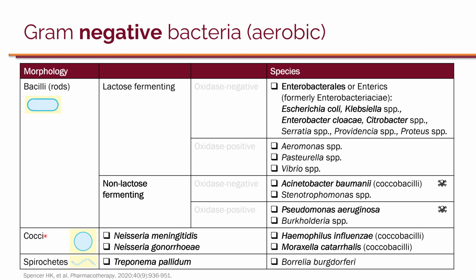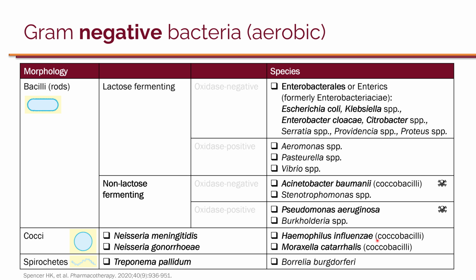Then we have cocci. These are the ones that look like a circle or a ball under the microscope. We have Neisseria meningitidis, Neisseria gonorrhoeae, Haemophilus influenzae, and Moraxella catarrhalis. Of note, H. flu, or Haemophilus influenzae, and Moraxella catarrhalis are coccobacilli.